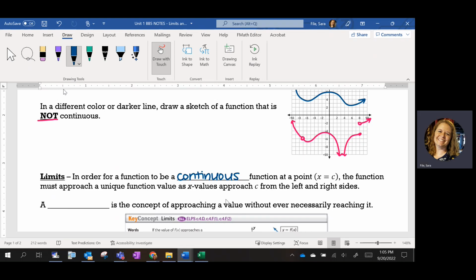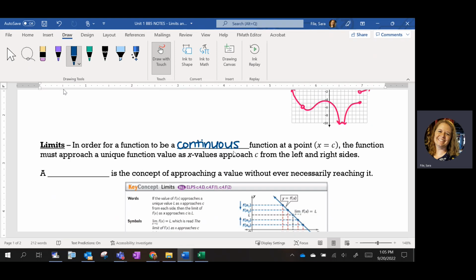Limits help us define the continuity of our graph by checking the limits. A limit is a concept of approaching a value without ever necessarily reaching it.